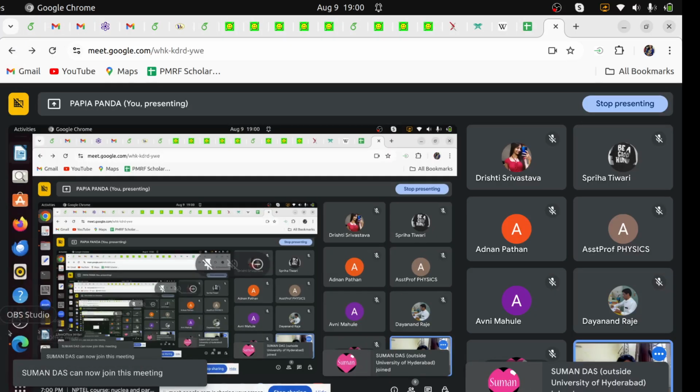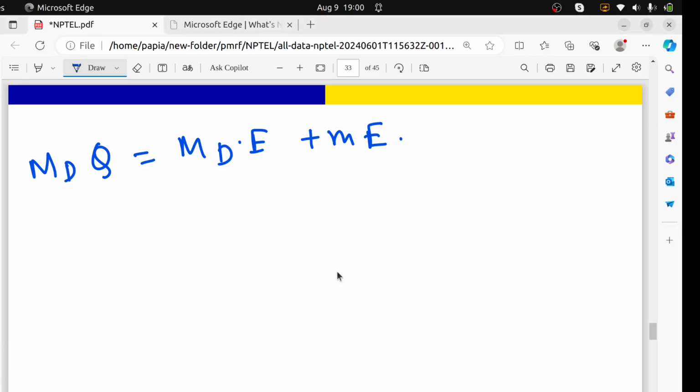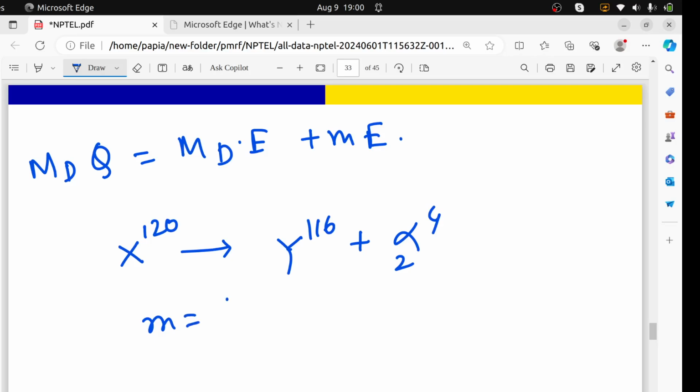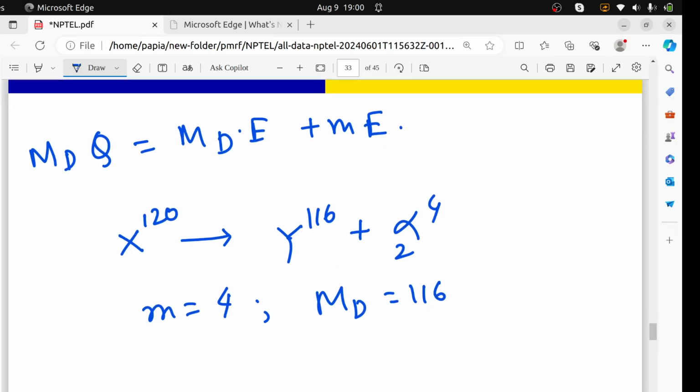For X 120 goes to Y 116 plus alpha (2, 4), M is 4, MD is 116, then E is Q divided by (1 plus M by MD).